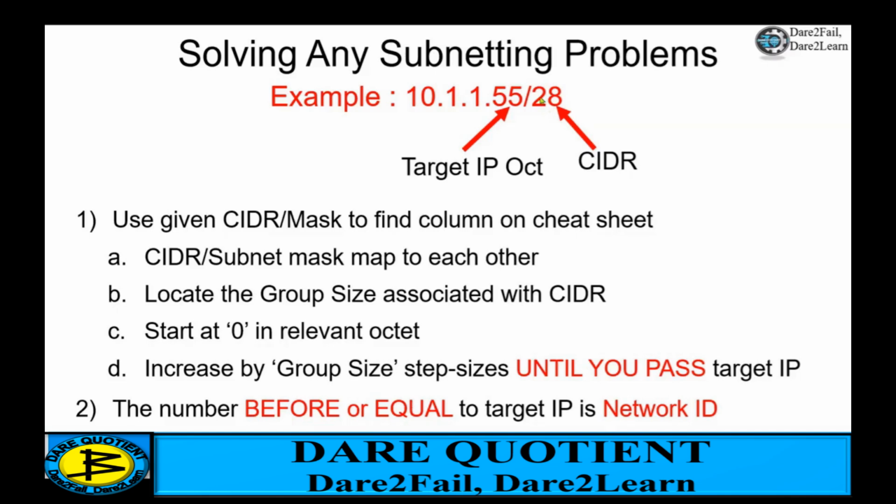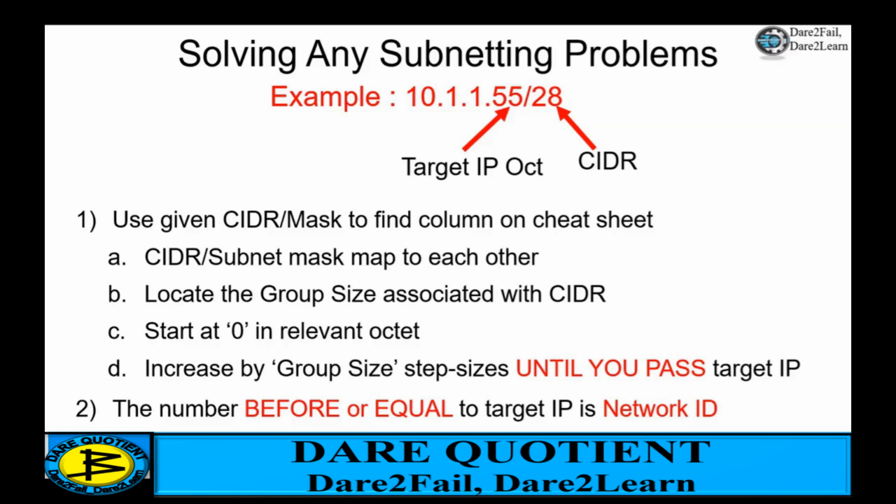So the very first step, once you get your prefix, your CIDR, your /28, you find the corresponding column on your cheat sheet, where the CIDR and the subnet mask map to each other. You mark your column where you have your /28.